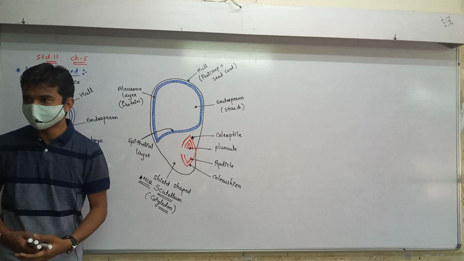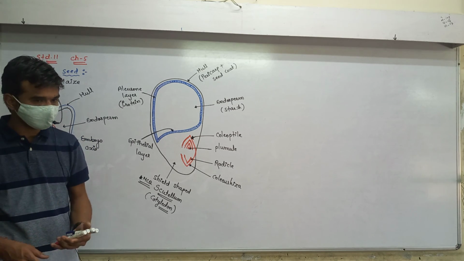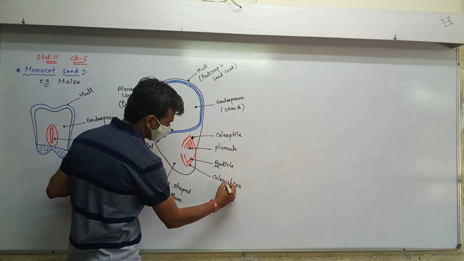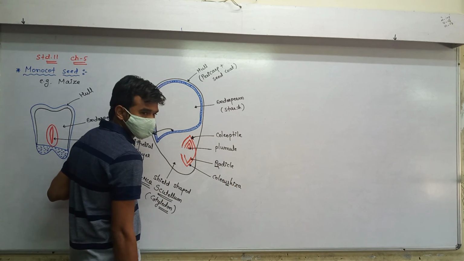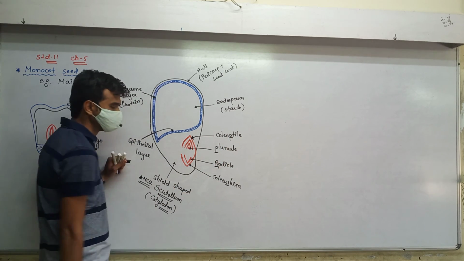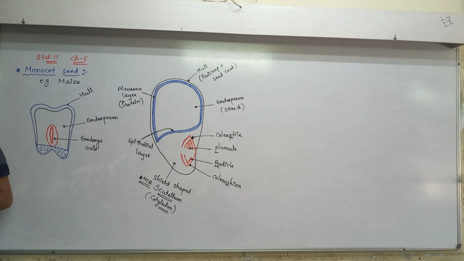For your easy remembering, I can give you the hint: radicle, rhiza, R to R; plumule, ptile, P to P.